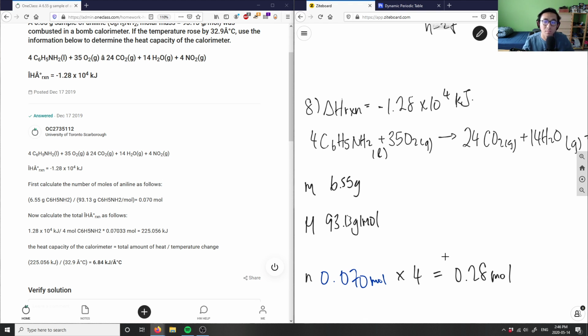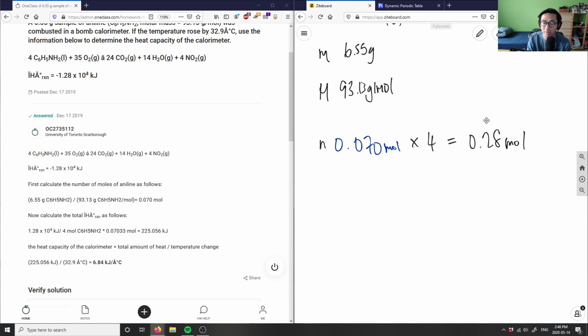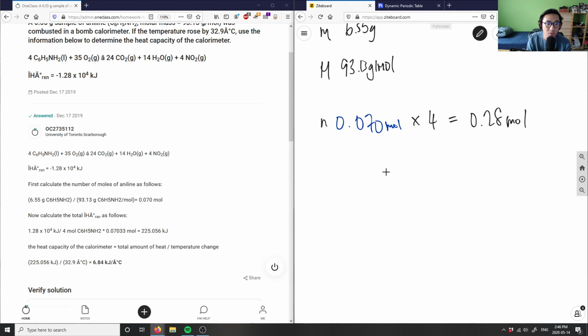And this is in moles, and the other is in kilojoules. So what I can do now is solve for how many kilojoules are released per mole of aniline here, because this is the delta H of the entire reaction, right? So I can say the molar enthalpy, or delta H here, would equal delta H of the reaction divided by our moles.